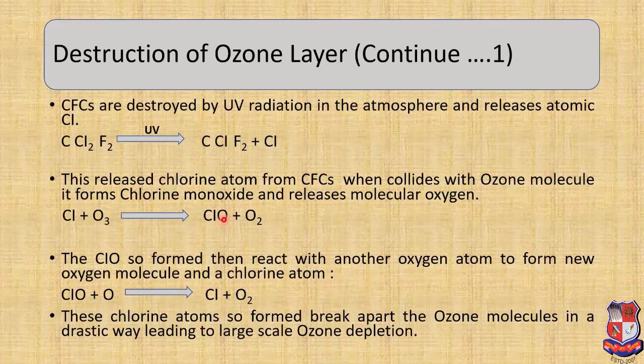This chlorine monoxide thus formed reacts with another oxygen atom to form the oxygen molecule and releases this chlorine. Now this released chlorine breaks apart the ozone molecules in a drastic way, leading to large scale ozone depletion.